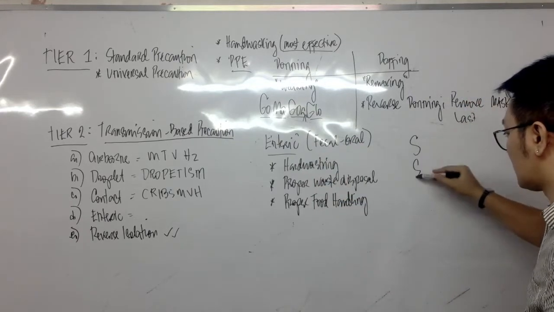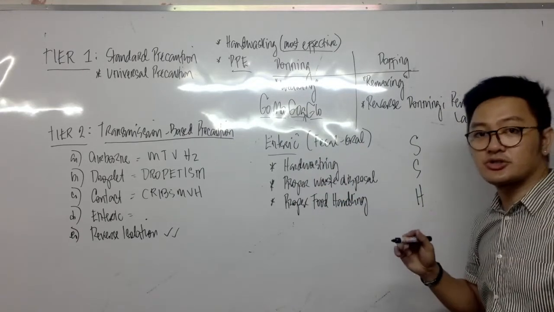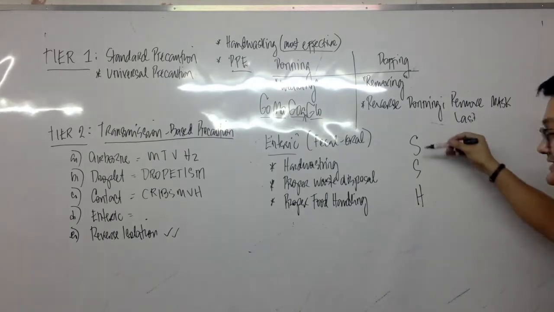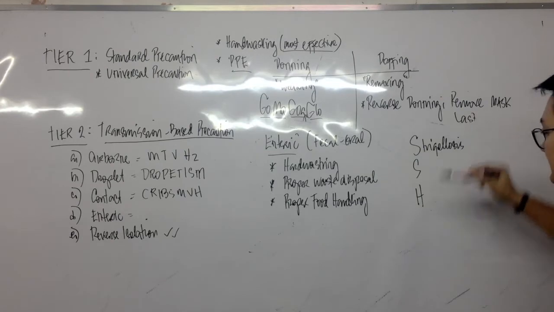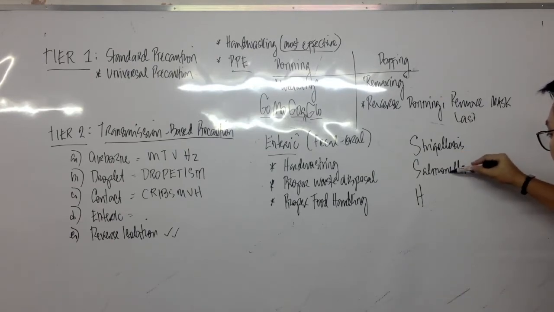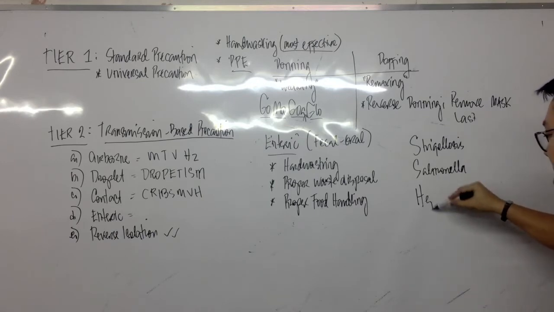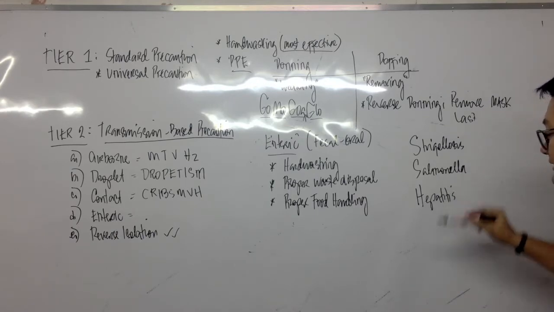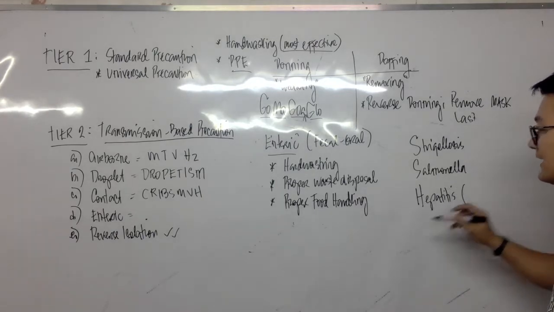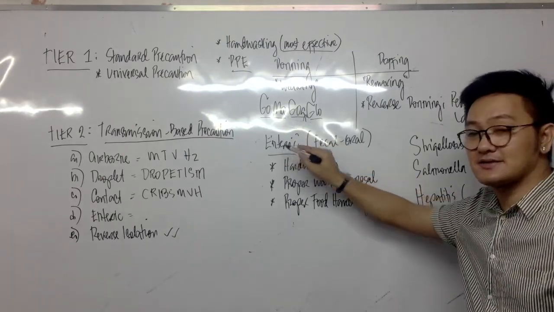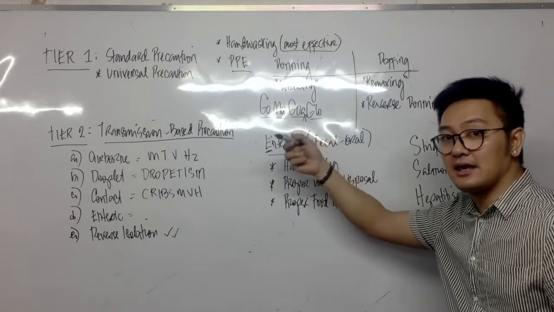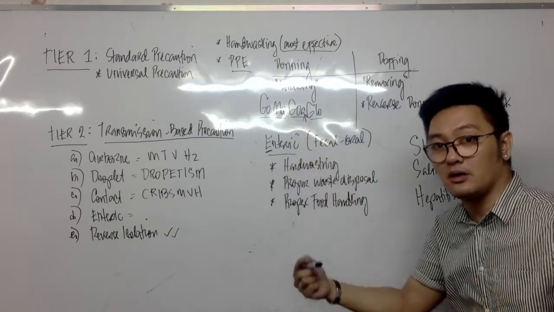Here will be your SHH. S stands for Shigellosis. S stands for Salmonella. H stands for hepatitis. What type of hepatitis is enteric spread? Technique: enteric starts with the letter E, which is a vowel.